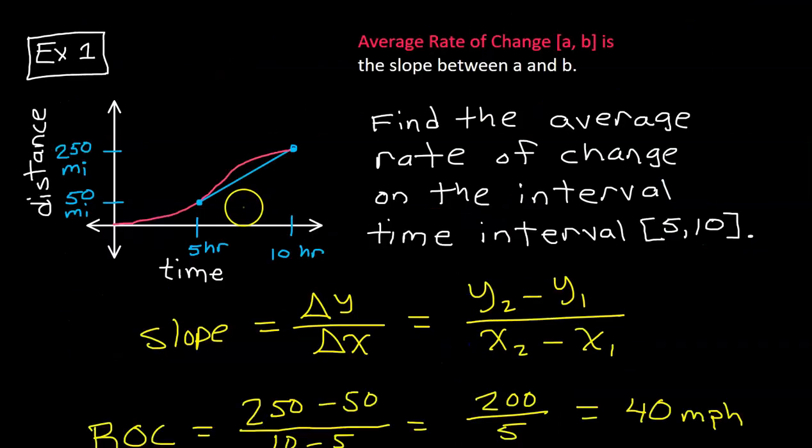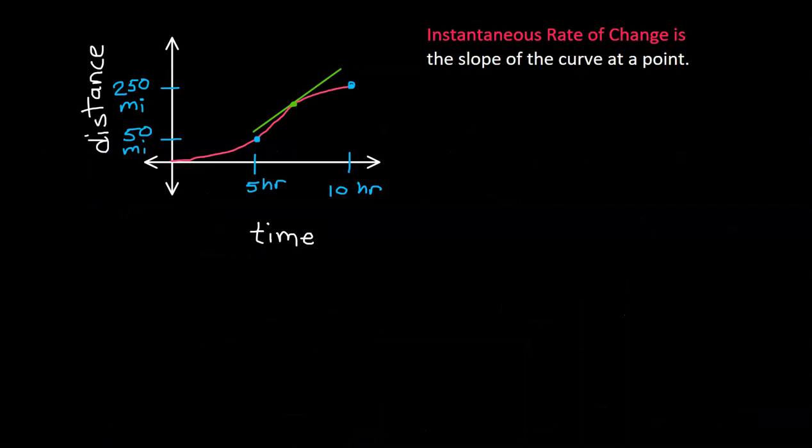So far, this has all been pre-calculus stuff. Finding the average rate of change over an interval, we're just finding the slope, y minus y over x minus x. It's time to up our game. What if we wanted to find the rate of change right at a specific moment in time? So now we're talking about the instantaneous rate of change, and we're still going to be using the slope, but now we're going to be using the slope of a tangent line at that particular point.